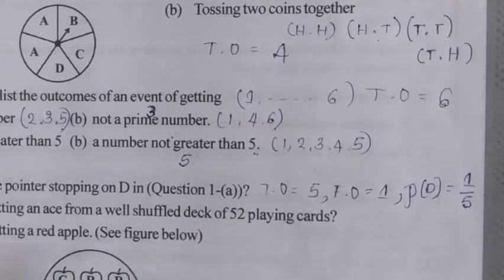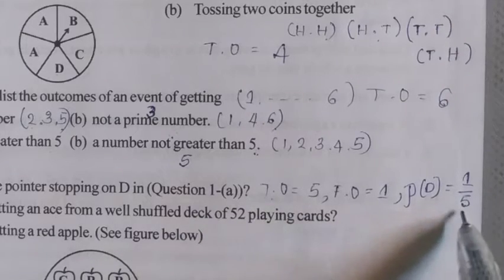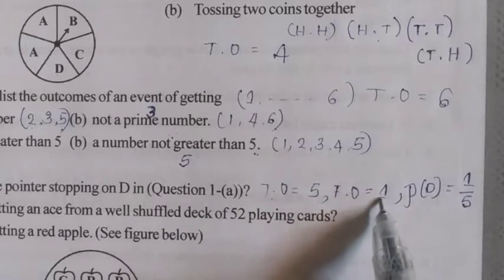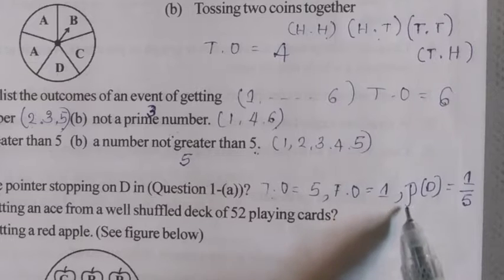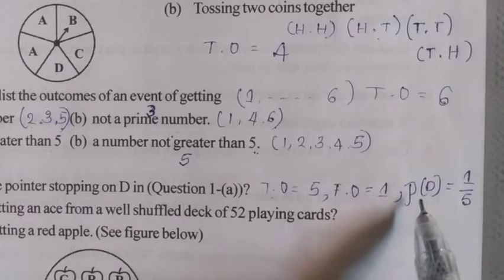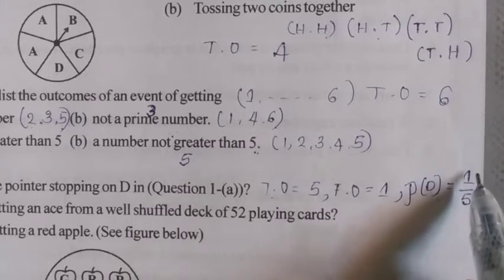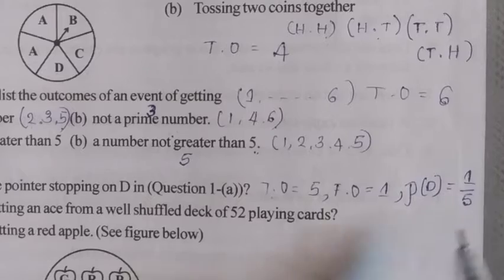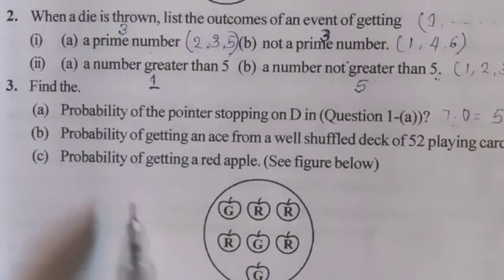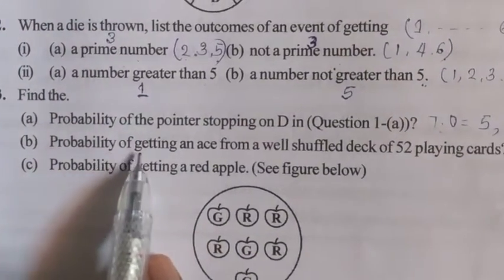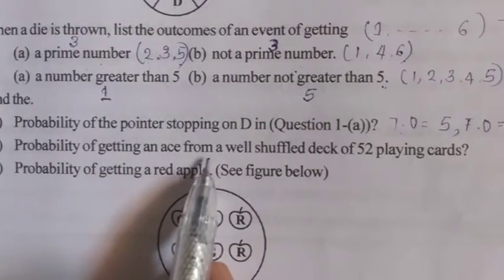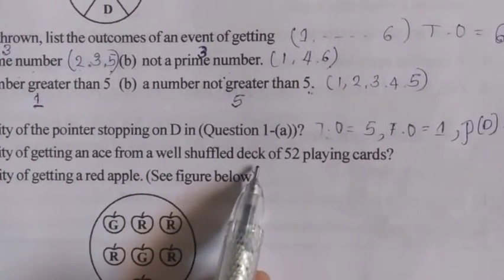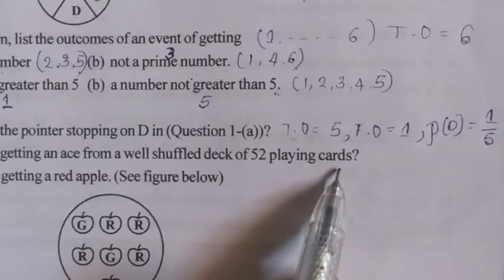1 by 5. Total outcomes are taken in the denominator, favorable outcome is taken in the numerator. So probability of getting a favorable event is equal to 1 by 5. Second question: probability of getting an ace from a well shuffled deck of 52 playing cards.